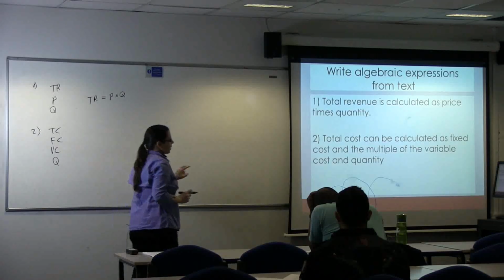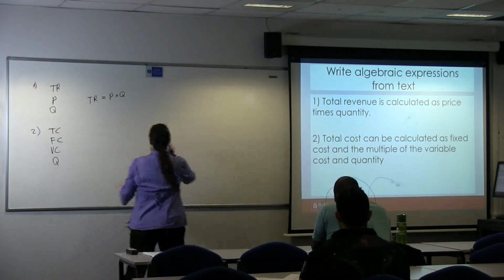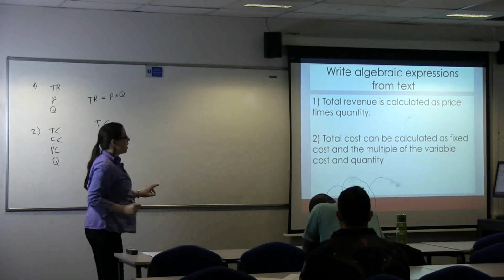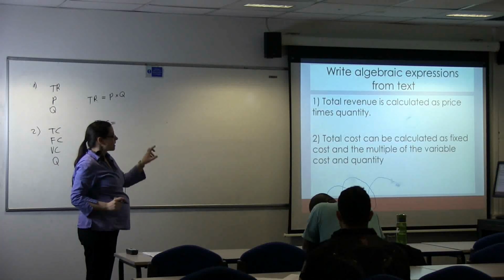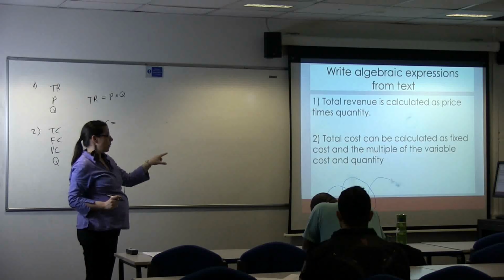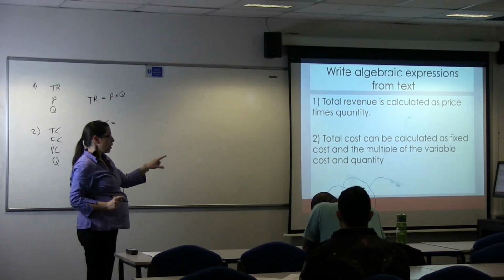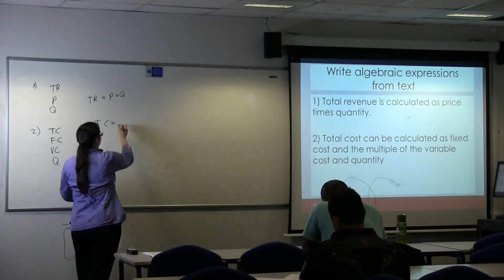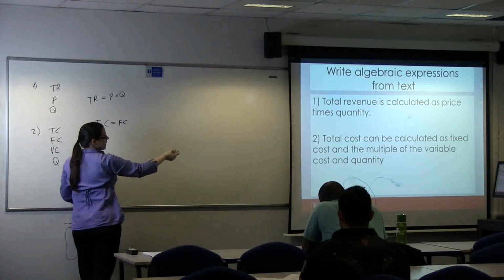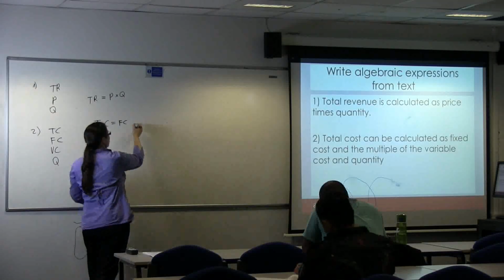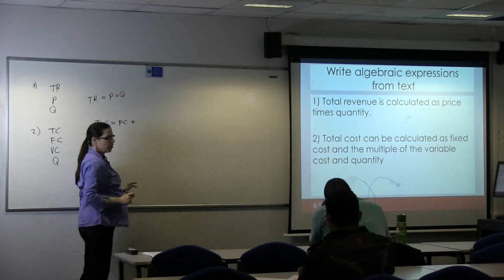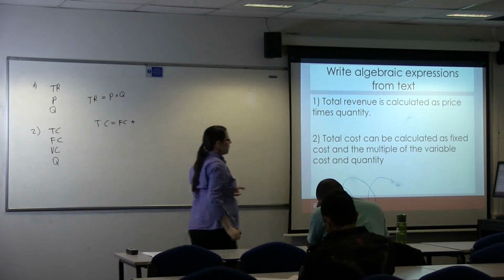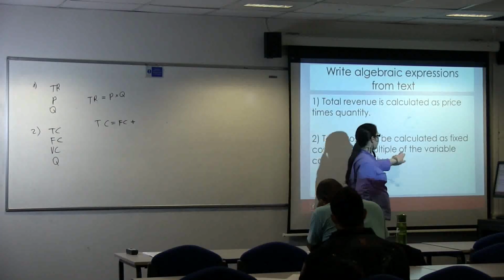Because if you look here, the total cost can be calculated as, that is this part, total cost equals fixed cost and the multiple of the variable cost and quantity. So the first "and" here connects together the fixed cost and the other two quantities, but this first "and" is an addition, while the other "and" actually comes together with the multiple of.